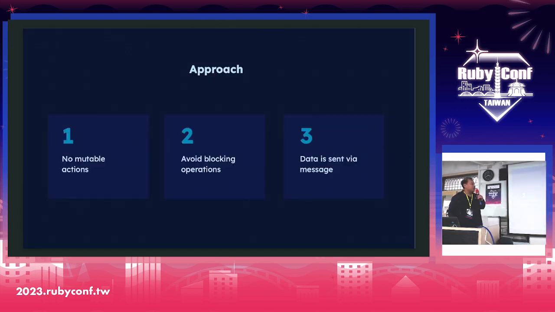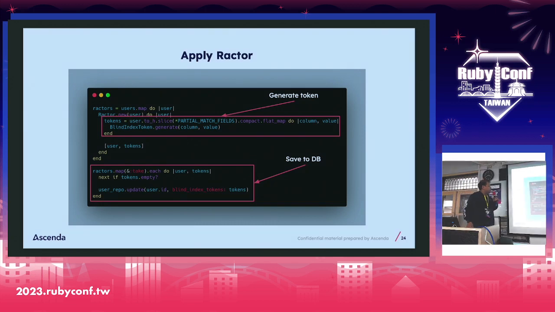When we tried this approach, we had a few rules: try to have no mutable state in Ractor, and try to avoid blocking, with the only time we send a message being at the end. We will get back to why later on. So when we apply that, the code is like this, very simple. The generate token is the same, and save to DB is still the same, using the user repository to update.